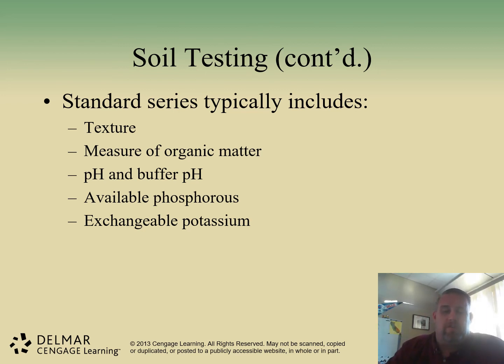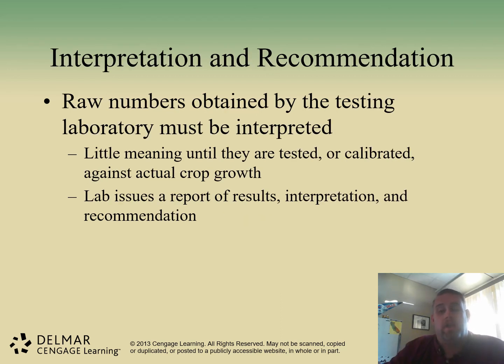When you are looking for additional information, then you have to start asking for, I would like to know what my buffering capacity is, what my nutrient load capacity is, if there's any toxic materials, and then they'll continue to add tests to your samples so that you can get the information that you're looking for.